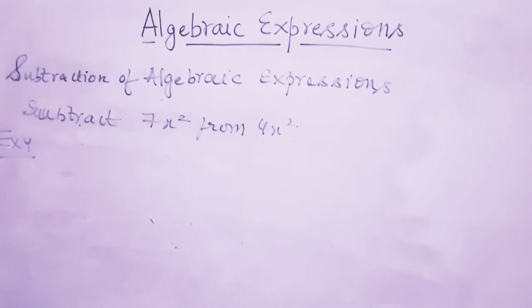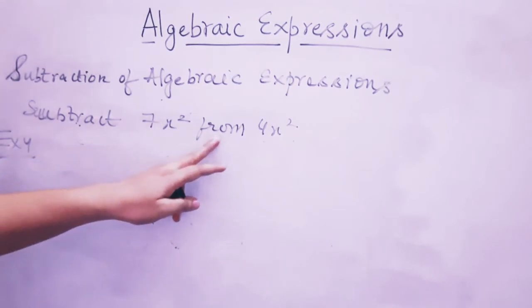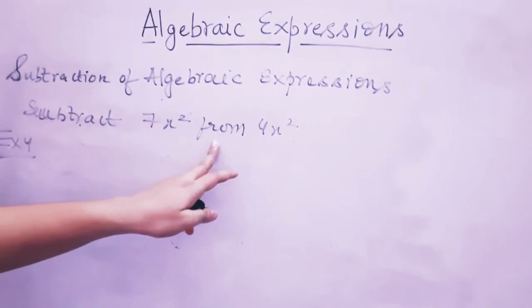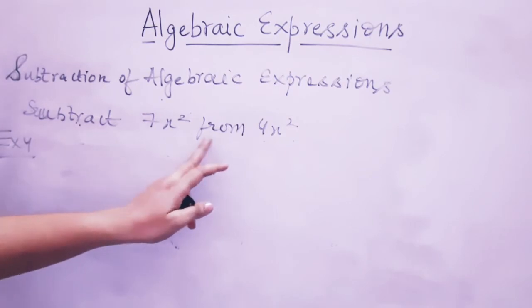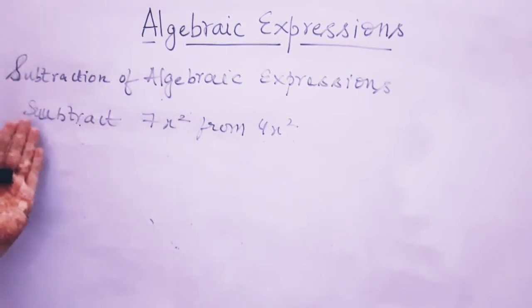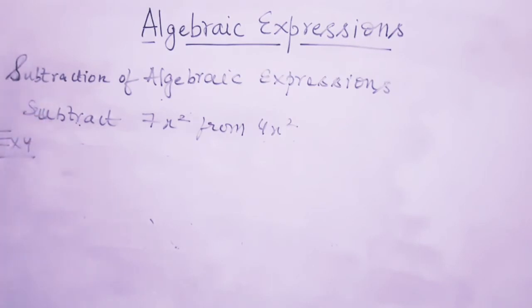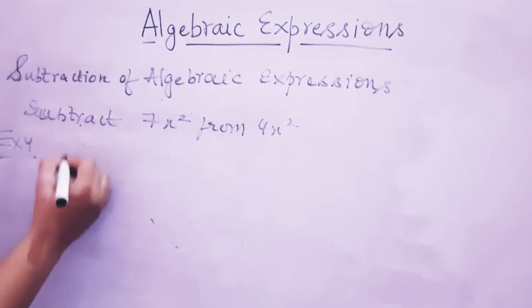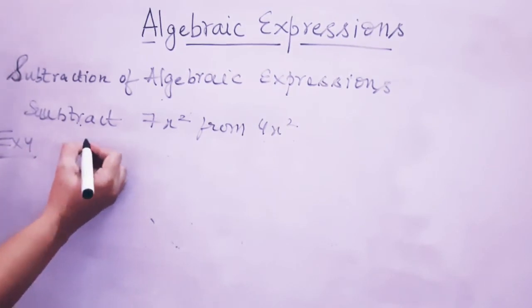As I told you, anything which is written after the word from is going to come first. Whatever is written after from will come first during the subtraction process. So which algebraic expression is going to come first? That is written after the word from.